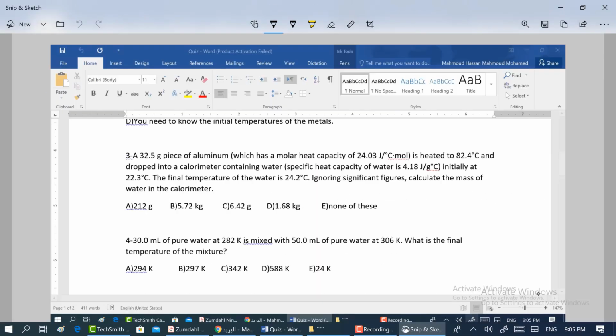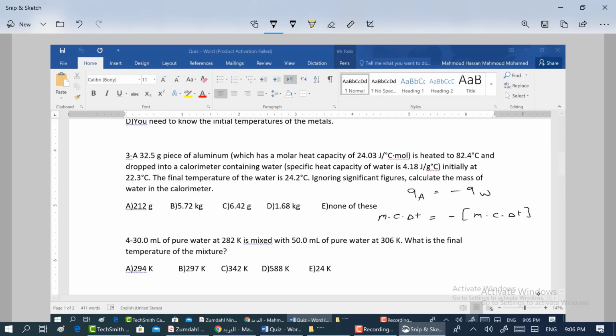First I will say that the Q of the aluminum equal negative Q for the water. MC delta T equal negative MC delta T. Okay.